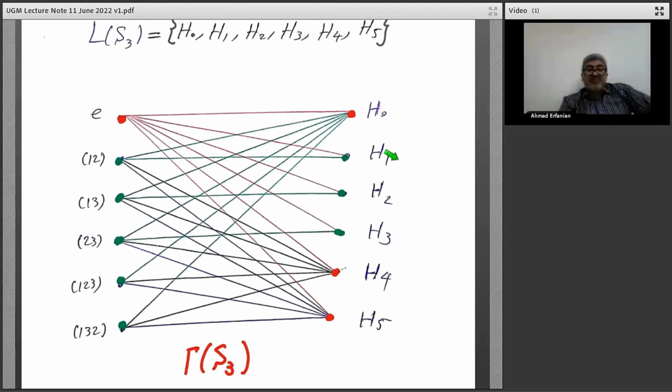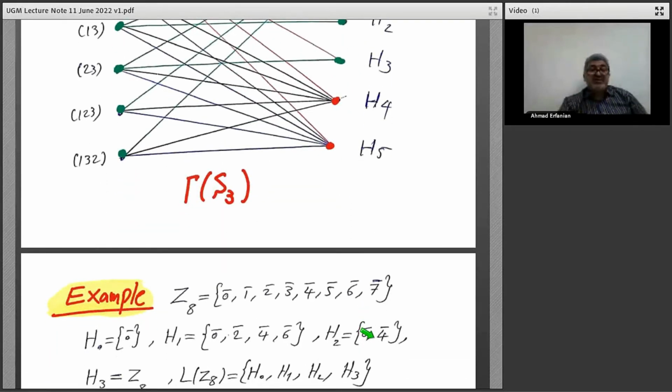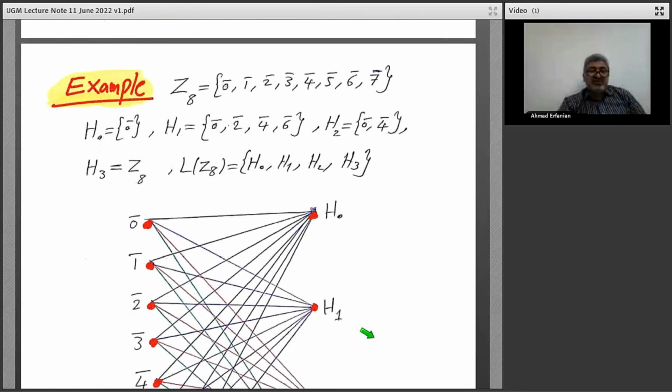If X is in H, then XH is equal to HX. And (1 2) is adjacent to H4 and H5 because, in the right hand side, we have H0, H4 and H5, they are normal subgroups. Because they are normal subgroups, they will be adjacent to all elements of the left hand side.